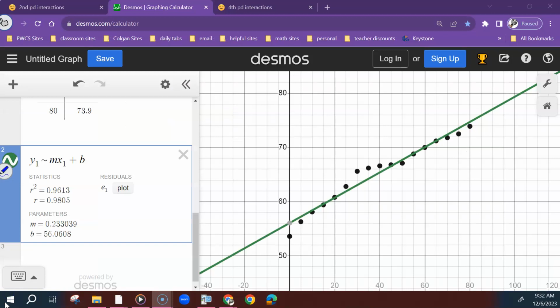Then the question at the bottom says life expectancy in 2010. Are we looking for an X value or a Y value there?